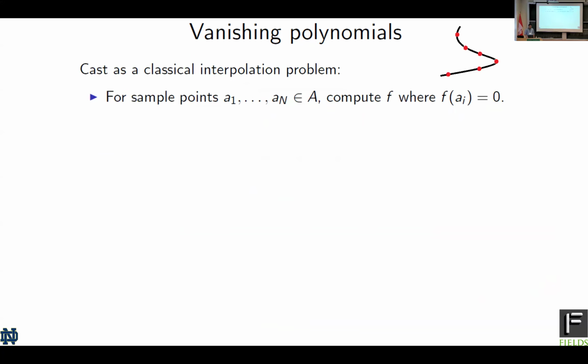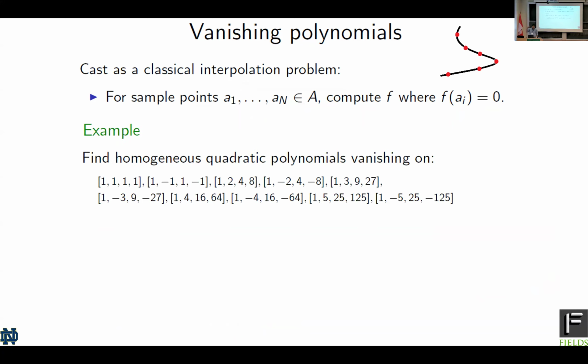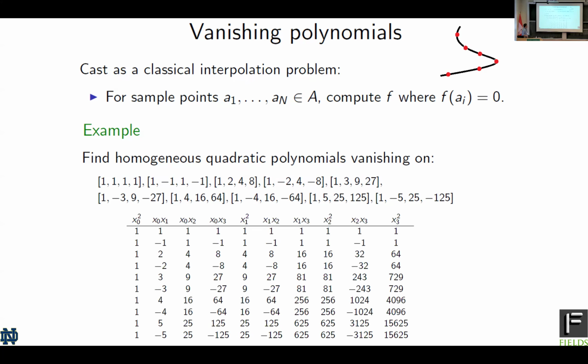But what I can do is cast this as an interpolation problem. I can generate sample points and try to compute polynomials that vanish on those sample points. Classical interpolation problem. Okay, so let's go back to our twisted cubic. Here are some points that lie on the twisted cubic. Suppose I'm looking for quadratics. Well, then you do the Veronese embedding. So take the point 1, 1, 1, 1, do the Veronese embedding, and you get all ones.